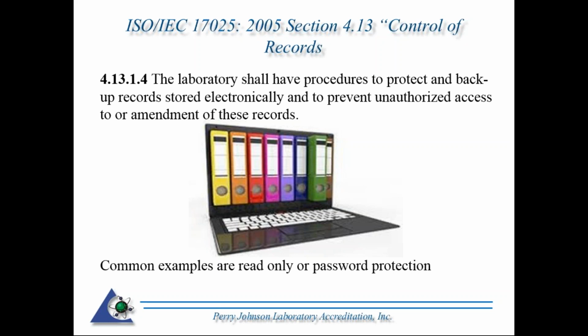I have some common examples at the bottom of the slide there. Saving records as read-only or password protection are popular tools I see in place to prevent unauthorized access. If you have field technicians, I do calibration assessments where the work is being performed, for example, on-site at the customer's location, and I may see a technician with a laptop there.